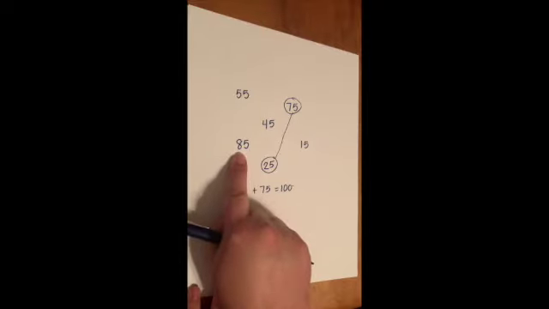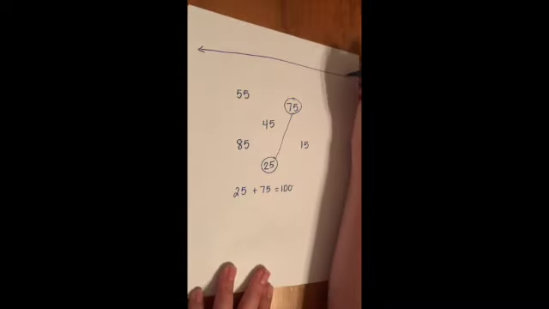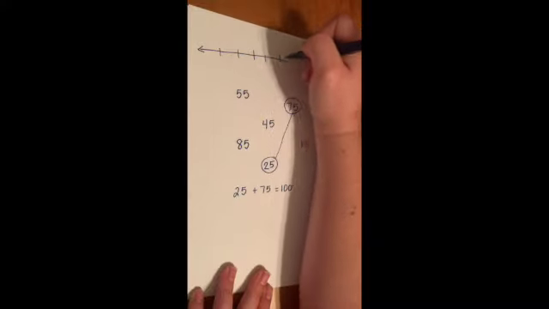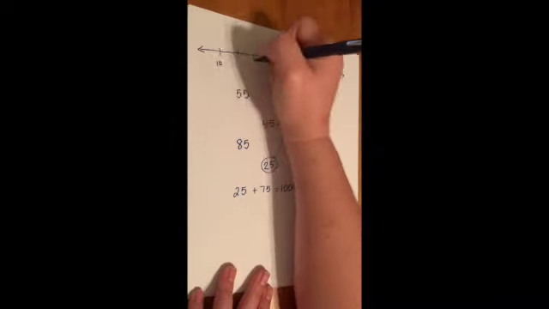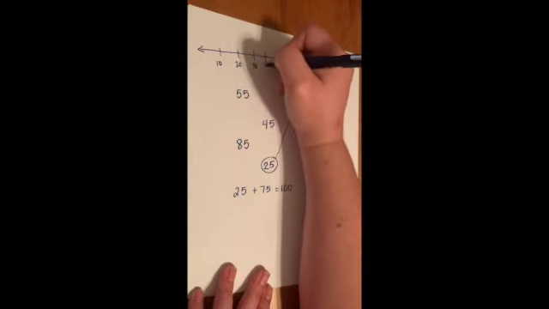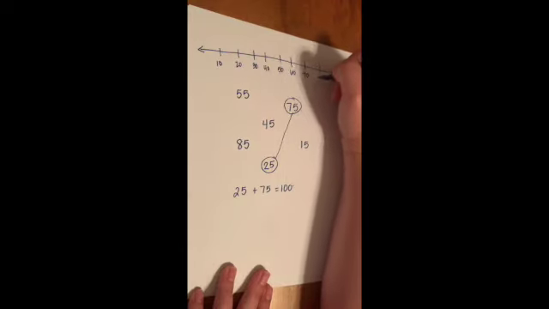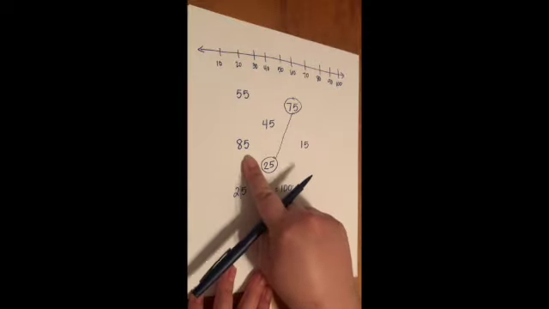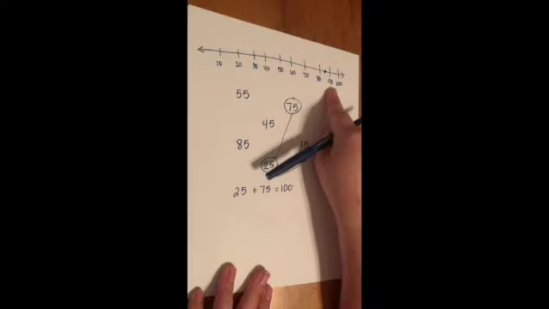So if you look at 85, well, when I think about 85 on a number line, I think about the fact that it's pretty close to 100. So if I were to make myself a little quick number line here with 10s, I could see, okay, so 85 is right in the middle of 80 and 90.